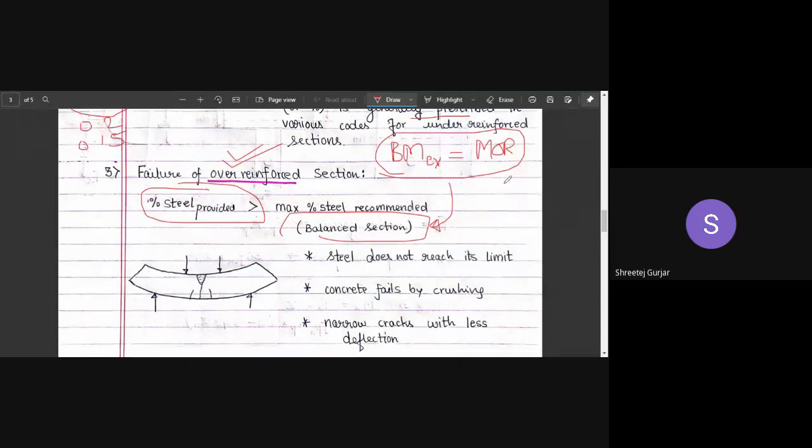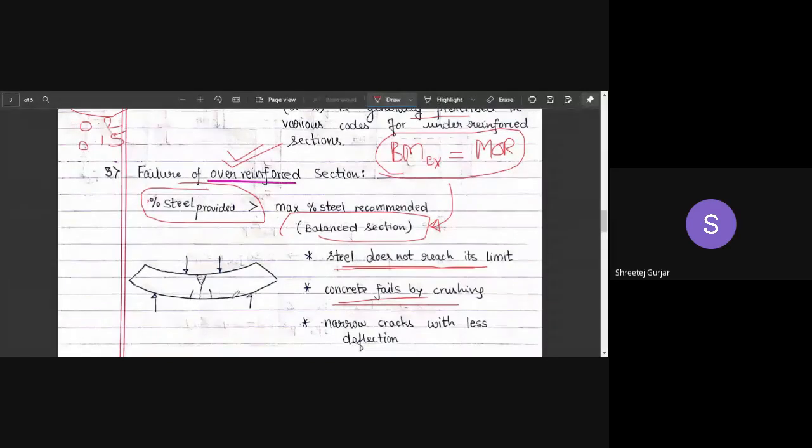So when we over design, meaning when we provide more steel than the recommended steel percentage, what will happen is your steel will not reach its limit, because more steel is there. Your steel will not fail. Your concrete fails by crushing. Your concrete will fail first, but your steel will usually not reach its limit.